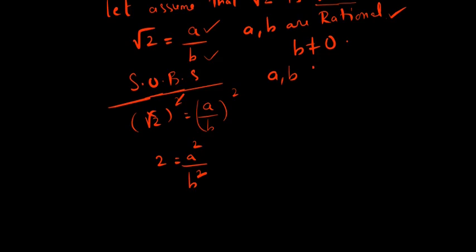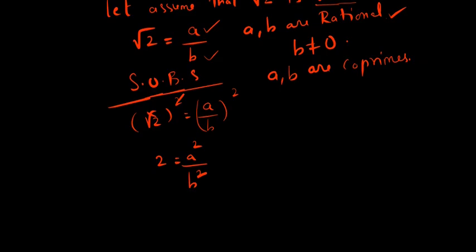A prime number doesn't have any factors other than itself and 1, right? Here a comma b are co-primes in the sense they don't have any other common factors. That's why they are called co-primes. Individually they don't exhibit prime numbers.